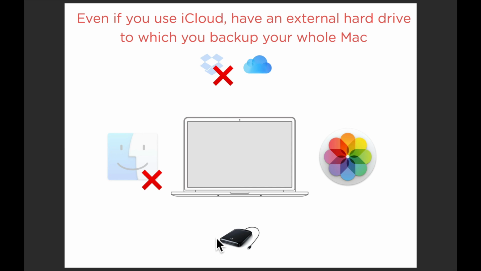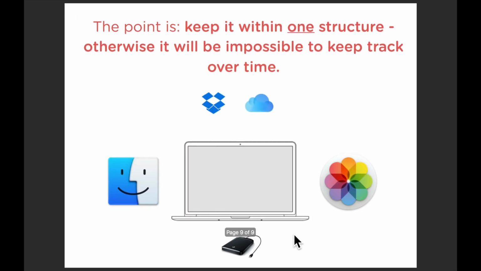So it's always a very, very good idea to, of course, have good security in iCloud and all that, but to have an external hard drive with a complete backup. So keeping it within one structure, that is basically the main point here. You can, of course, use Finder and Dropbox, but my recommendation is most definitely to use Photos and then use iCloud and an external hard drive for backup.